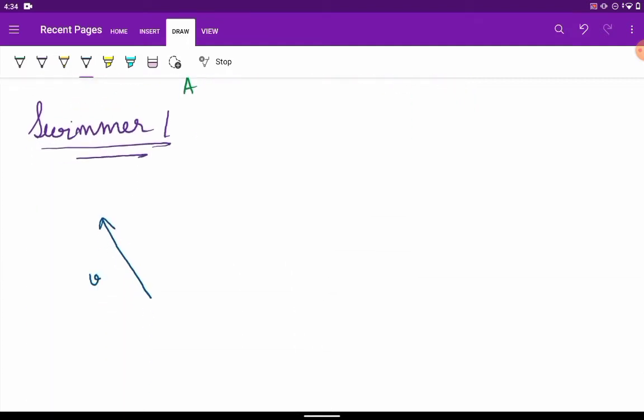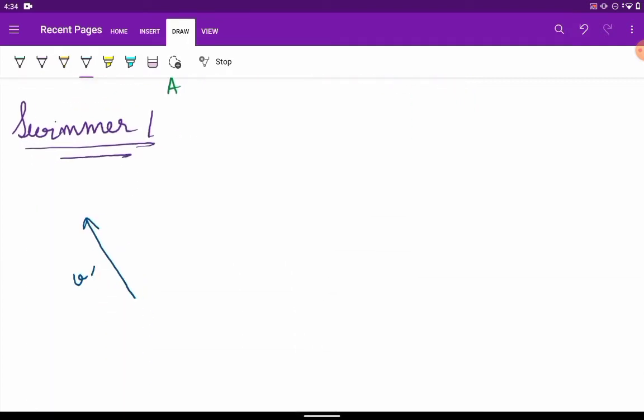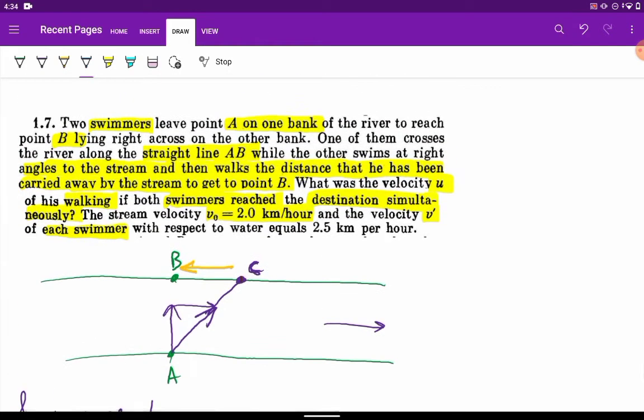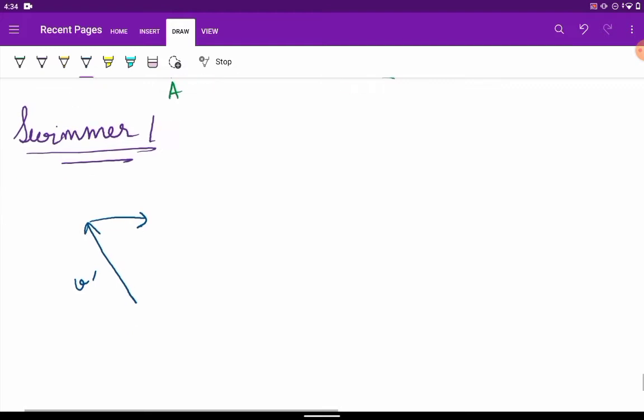Due to the river velocity of magnitude v0, the resultant, let's call it v1, is in the direction of A to B. So v1 is basically the addition of these two vectors.